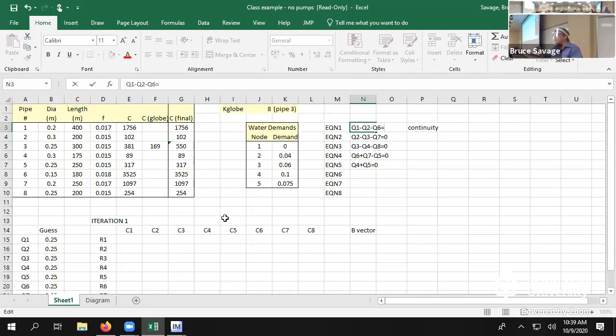On the left side, it would be a minus D1 in this first equation. I take that minus over this side, it becomes plus D1. So this is going to be equal to 0 because there is no demand at node 1. Node 2, I'm going to have 0.04, that's cubic meters per second, so that's why it looks so small. Node 3 is going to be 0.06. I guess I better be a little more formal in my.